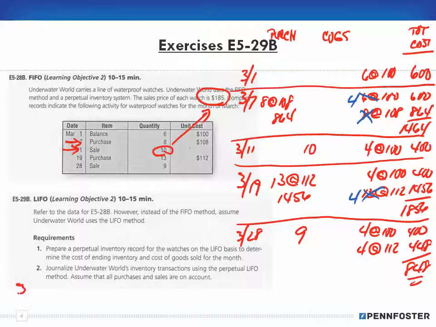Next entry. Remember, whenever you make a sale, you also have to make a second entry to take it out of inventory. So that was the entry for the sale, but now, since it's no longer in inventory, our inventory is decreasing. So we're going to credit our inventory. And how much?